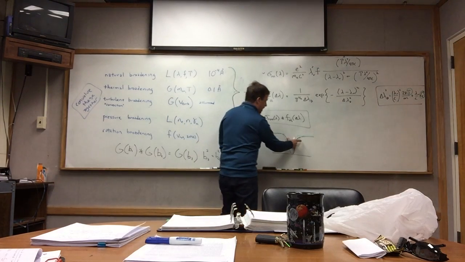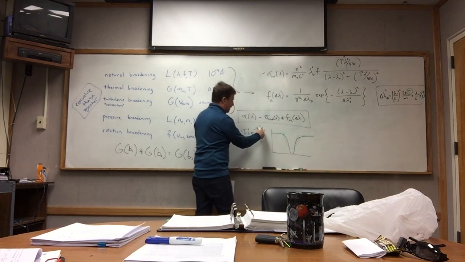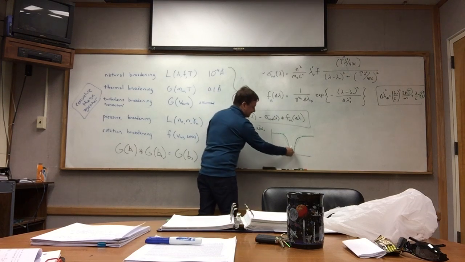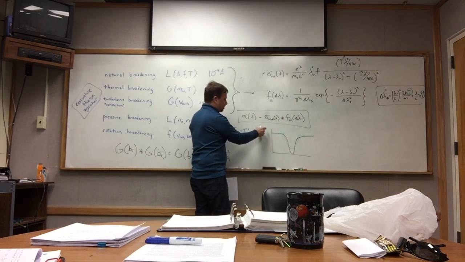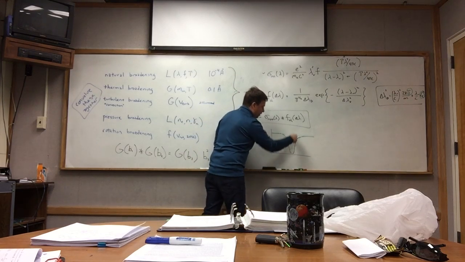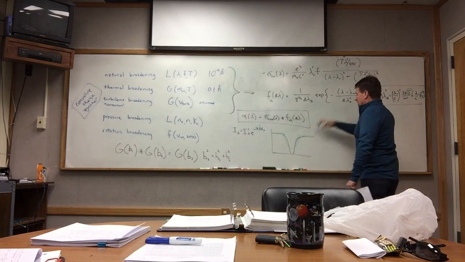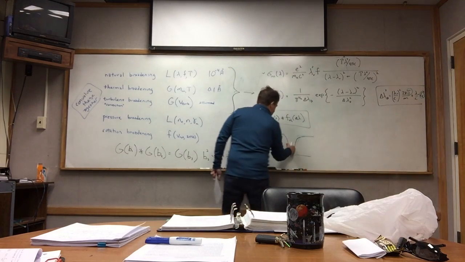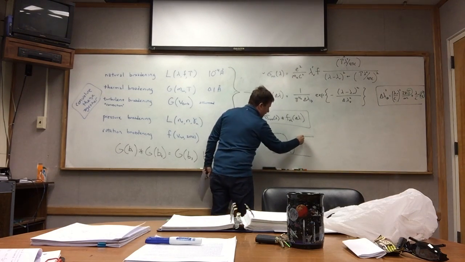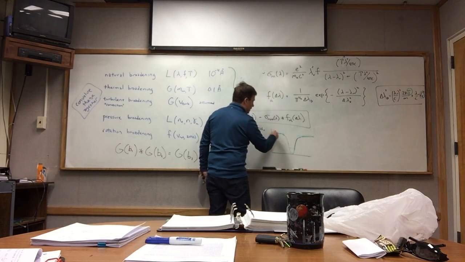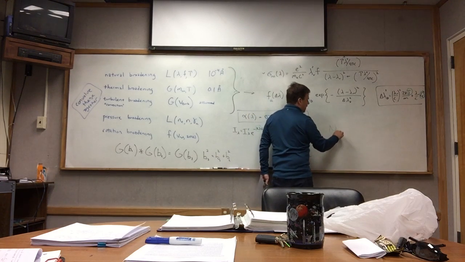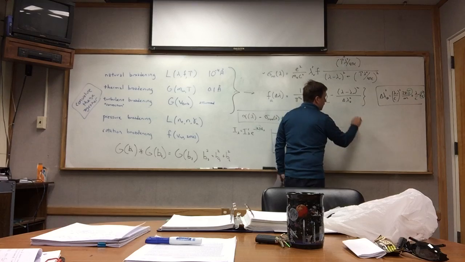I broadened it too much, and in the process of broadening it, the depth went down because it's conserving this. So it's like, oh, okay, I'm going to add some more column density. Anyway, you play around with it. You monkey around with these three parameters until one day you finally guess them right, and your data goes like this. And you go, hot damn, I know N, T, and V sub T, done.